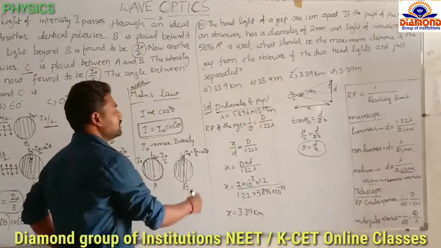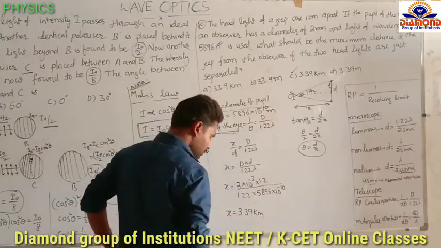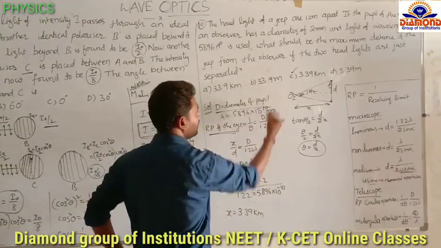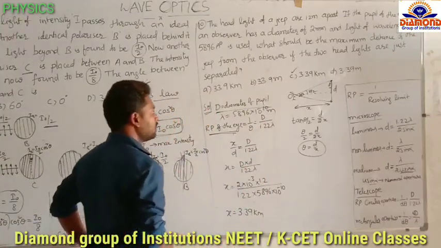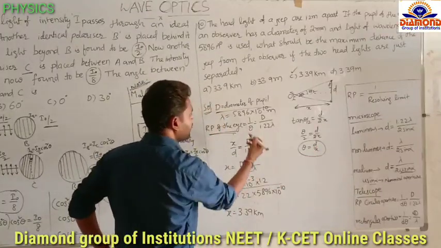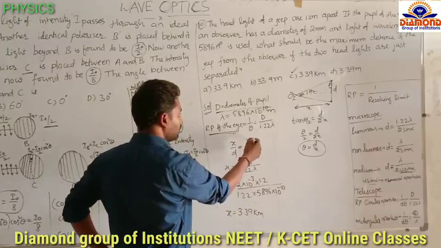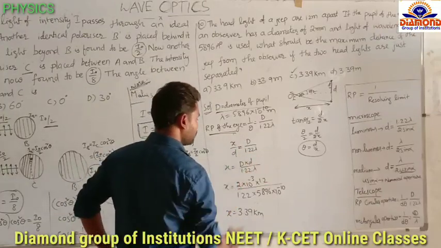Now the resolving power of the eye, 1 by theta, equals D by 1.22 lambda. Here capital D is the diameter of the pupil, and lambda is the wavelength of the light. Now we substitute theta equal to d by x, so 1 by theta is x by d. x by d equals D by 1.22 lambda. Then x equals capital D into small d by 1.22 lambda.